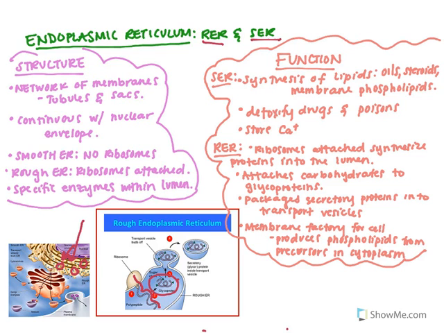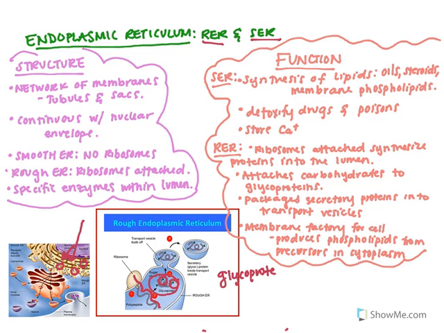It also attaches carbohydrates to the outside of the protein, and these carbohydrates are like little identifiers so that the protein knows where to go. Once the carbohydrates are attached to the protein, it is now called a glycoprotein.